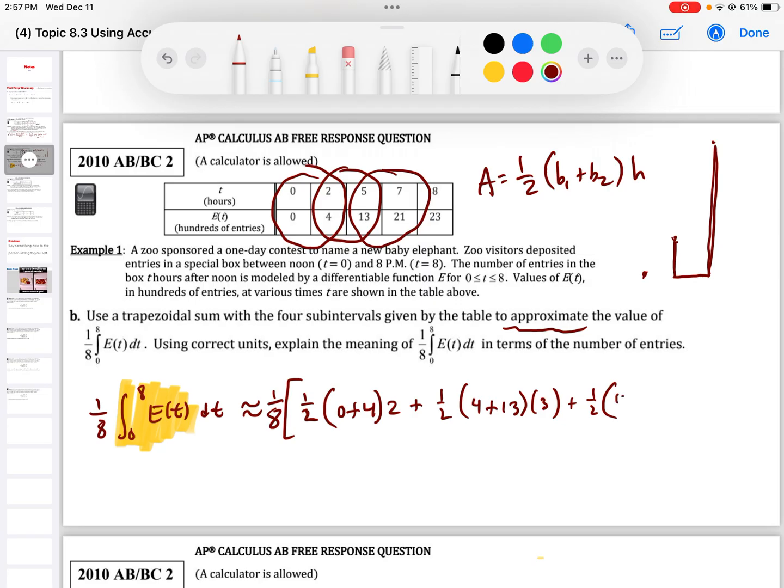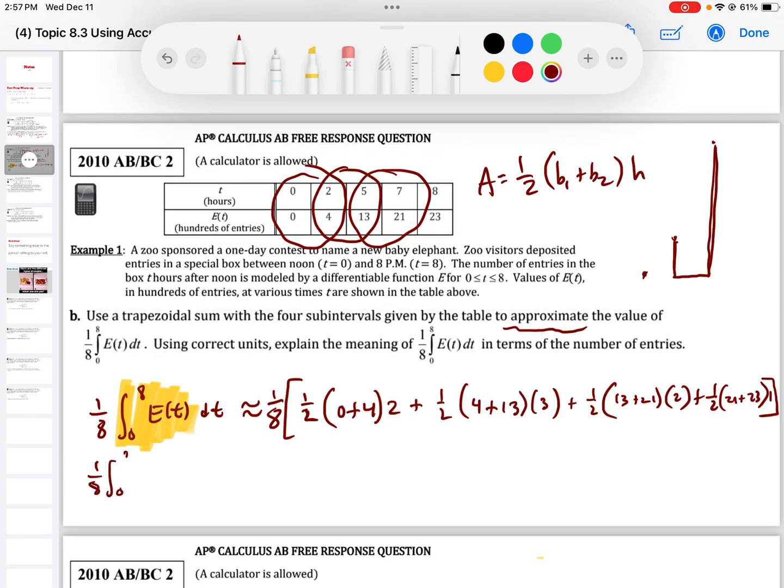Factored out a 1/2 all here, it'd be a little less writing. Base 1 is 13 plus 21 times the distance in between the two, plus 1/2. Base 1 is 21 plus 23. Distance in between the two would be 1. Close bracket. And I probably would just type this into my calculator. But you could also leave it like this.